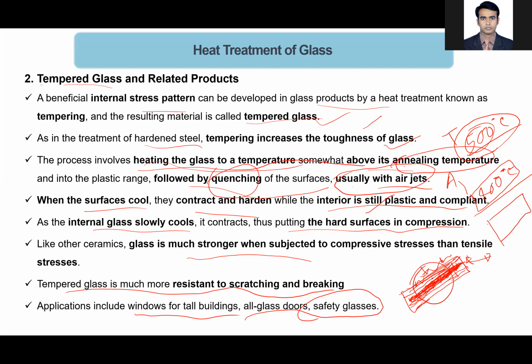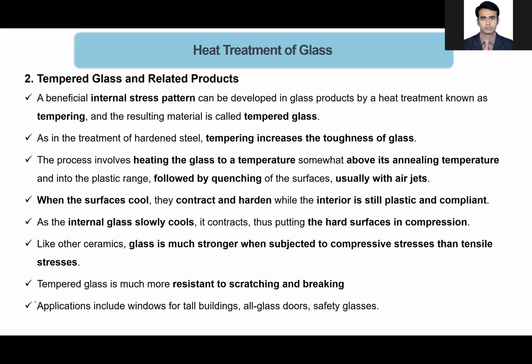Yes, there will be two different layers, not actually complete layers. For example, if you consider a plate of a certain thickness, when you use the air jet for cooling, the outer surface will be cooled down first, and then slowly the inside will be cooled.